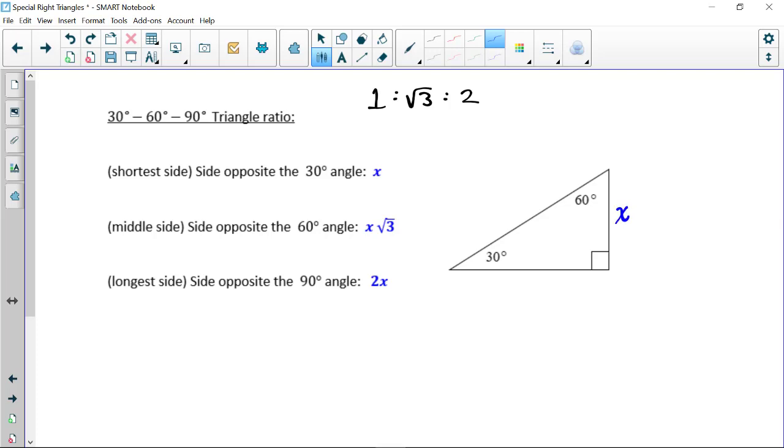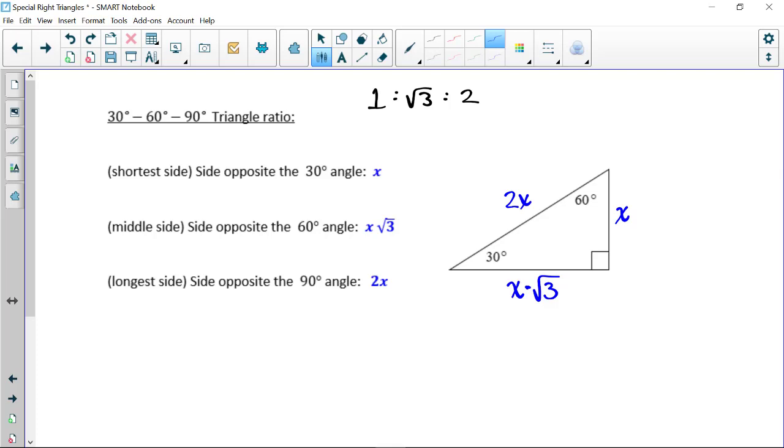So we'll say the shortest side is x. Whatever that measure is, to find the length of the middle side, or the other leg opposite the 60-degree angle, we take that number and multiply by the square root of 3. And then the hypotenuse is 2x. It is twice the length of the shorter side.